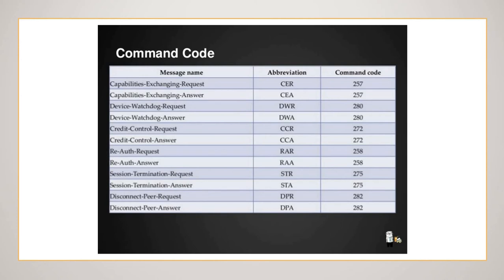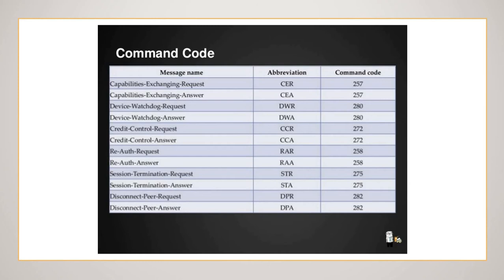Here I have listed a few of the command codes. Capability exchange request has code 257, device watchdog has code 280, credit control request 272, disconnect peer request 282, and session termination request 275.